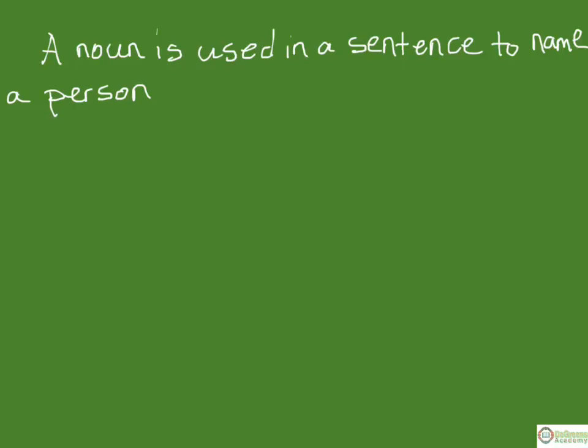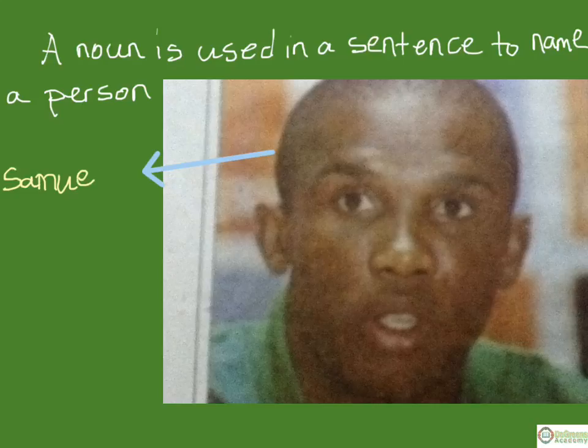And so a noun is used in a sentence to name a person. In your screens, you can find a picture of Samuel Eto'o. And so the person Samuel Eto'o is a noun.